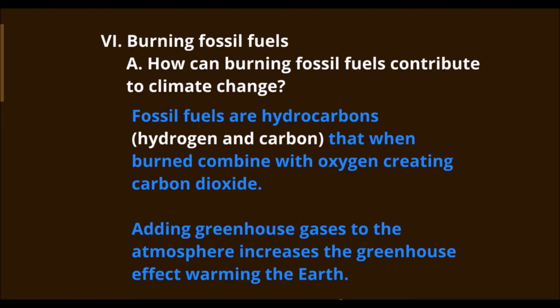When we burn these, we're putting more of this carbon into the air. And when we have more carbon dioxide and more water vapor in the air, we're going to be warming the planet. We're going to be retaining more of that heat from the sun that comes in, making it have a harder time escaping to space.